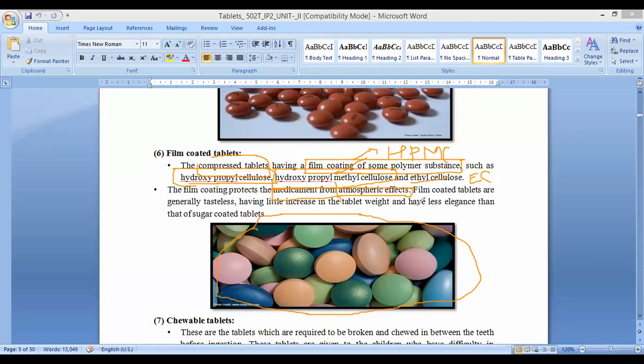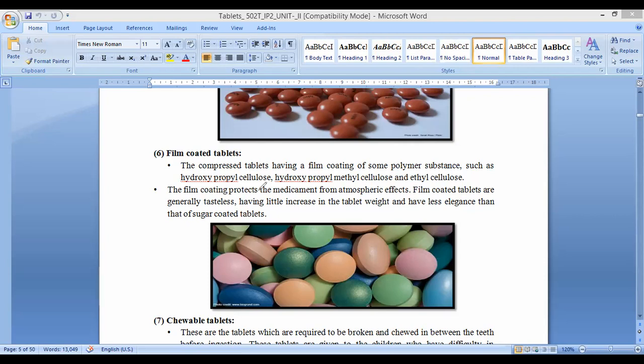Film coated tablets generally are tasteless, have little increase in the tablet weight, and have less elegance than sugar coated ones. Now in the next chapter from this unit, that is coating, sugar coating as well as film coating, these two types we are going to discuss in detail.